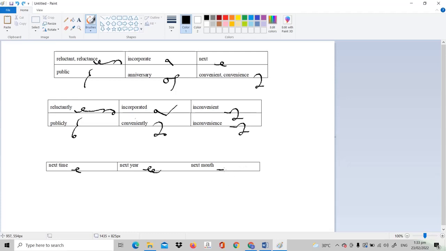Ulitin natin. Next. Month. Okay, so those are our brief form and brief form phrases and brief form derivatives. Now, let's move on. Bakit parang ang dami?